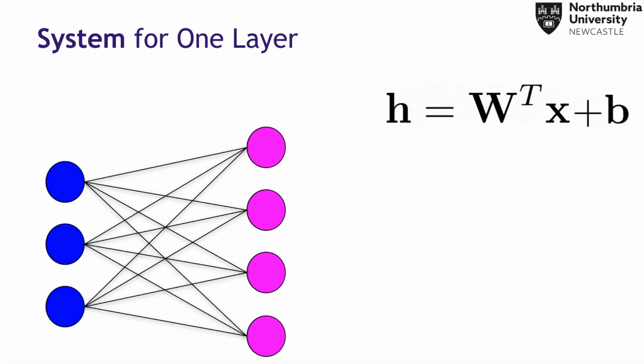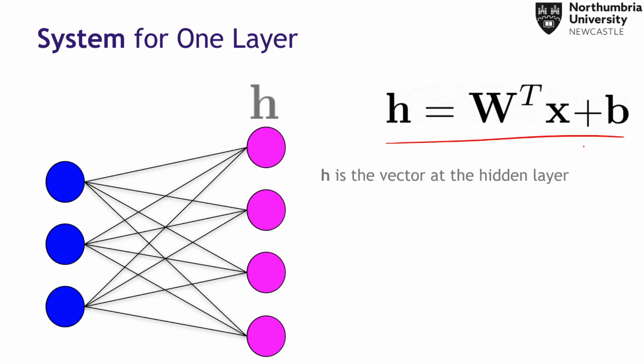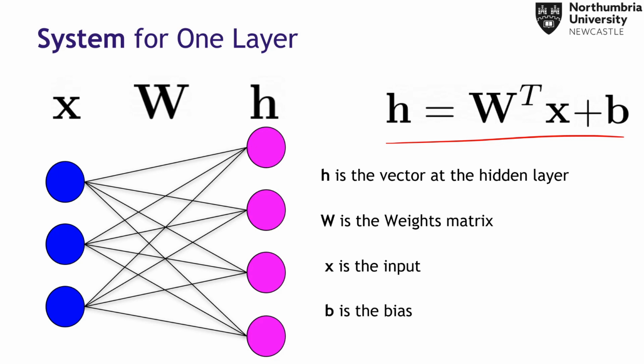So this whole system can be written in this simple equation where h is the vector that you obtain at the hidden layer, W or W transpose is the weight matrix that you're learning, x is going to be the input, and then b are going to be the bias terms that you're also going to learn.